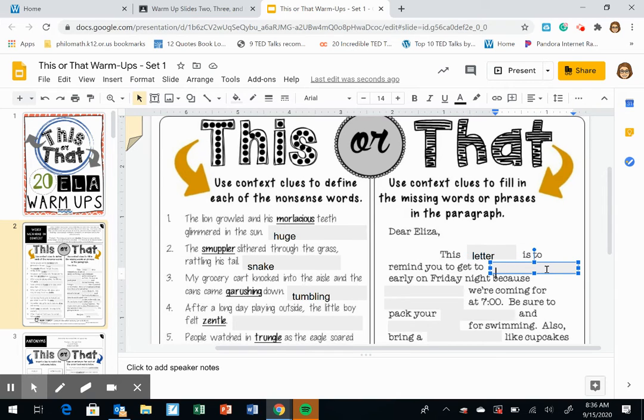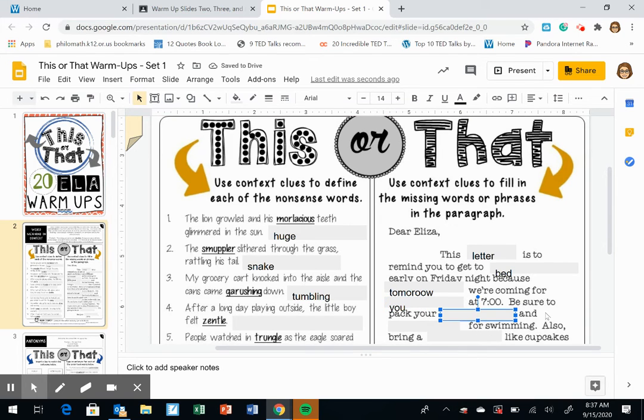So to get to bed early on Friday night because tomorrow, how about that? Oop. Make that just a wee bit bigger. Move that up just a little bit. If it's doing that to you, feel free to move up. There we go. Because tomorrow we're coming for you at 7.